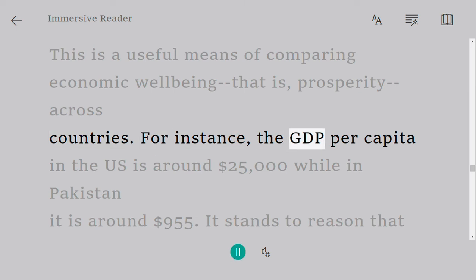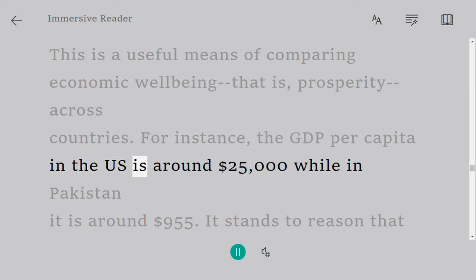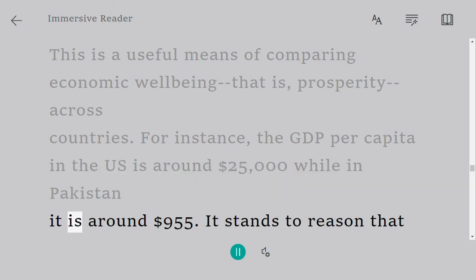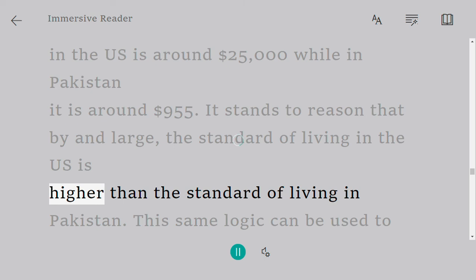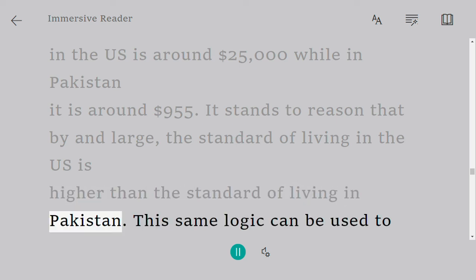For instance, the GDP per capita in the US is around $25,000, while in Pakistan it is around $955. It stands to reason that, by and large, the standard of living in the US is higher than the standard of living in Pakistan.